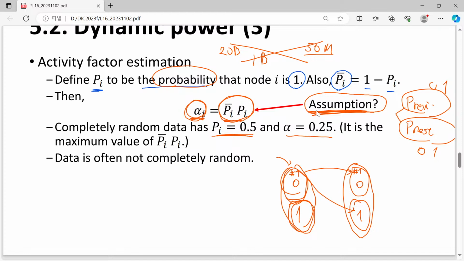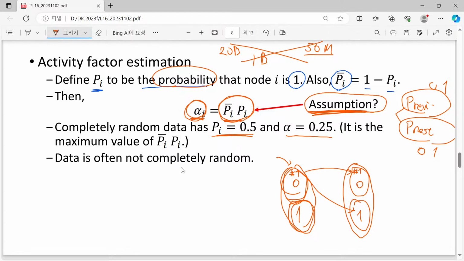Okay, please note, how can you realize this kind of system? Let's make a comparison between alpha equal to 0.5 and alpha equal to 0.25. In order to achieve this activity factor of 0.5, we must have 0, 1, 0, 1, 0, 1, 0, 1. That is the only way.